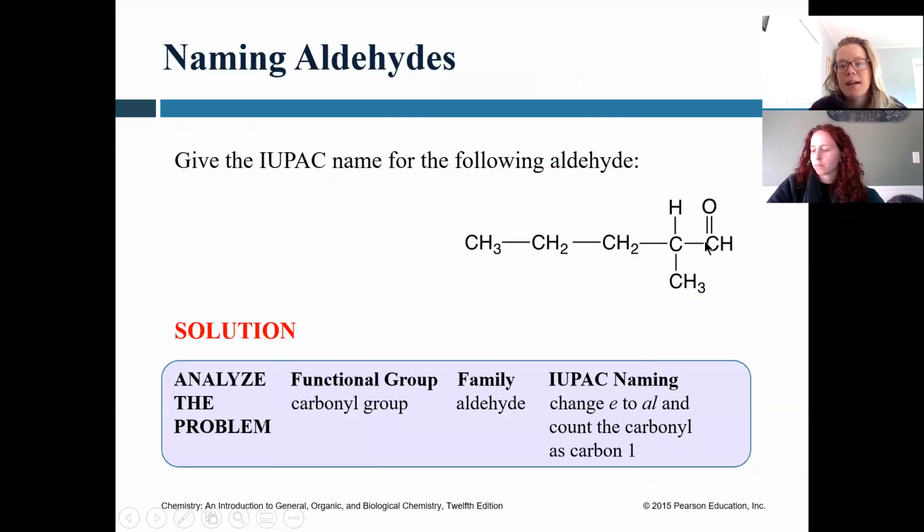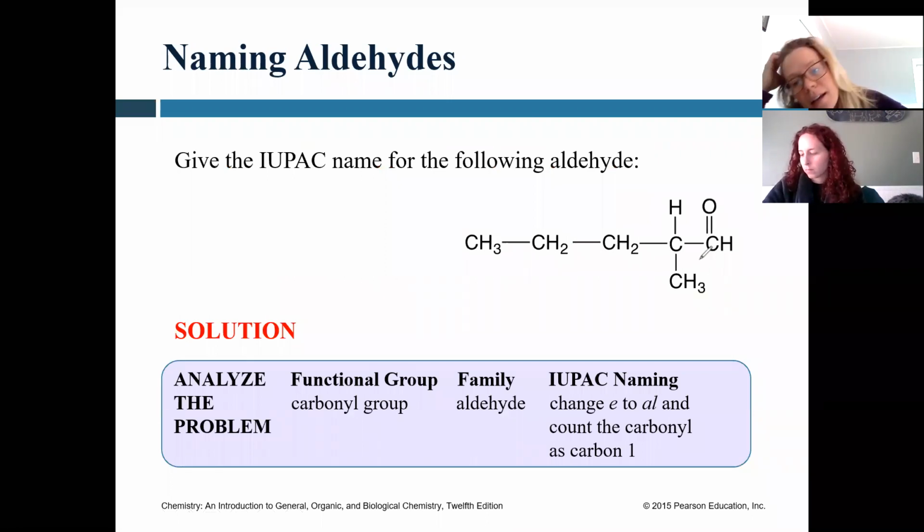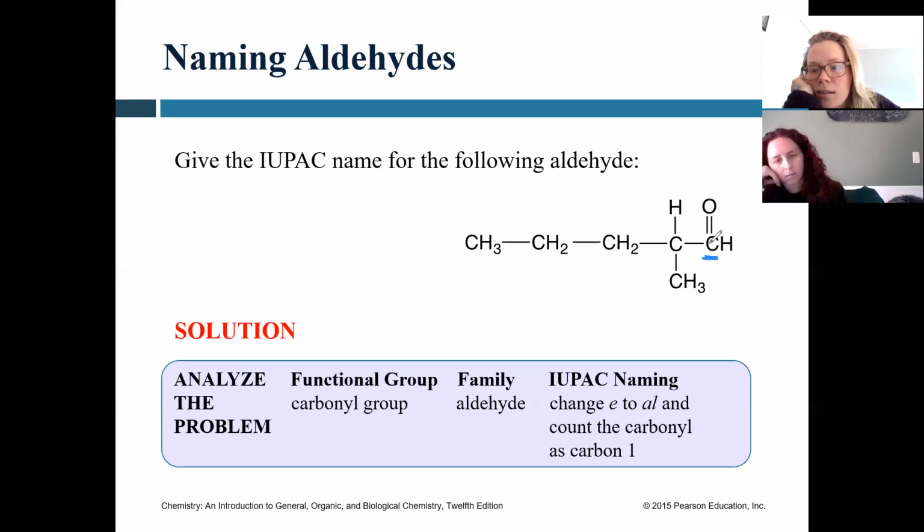So looking at this thing right here, let's name this thing. You first want to identify where the aldehyde group is. So the aldehyde is over here, AL at the end. We need to count how many carbons we have. So our carbon chain here is 1, 2, 3, 4, 5. So this is pentane.